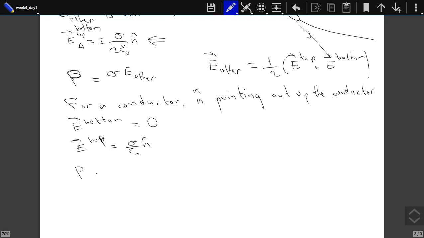So the pressure, we can just write it as sigma over 2, let's say. It was sigma times E other, which is 1 over 2 the electric field at the top. Of course, its magnitude. This is equal to sigma squared over 2 epsilon 0, or 1 over 2 epsilon 0 E squared.